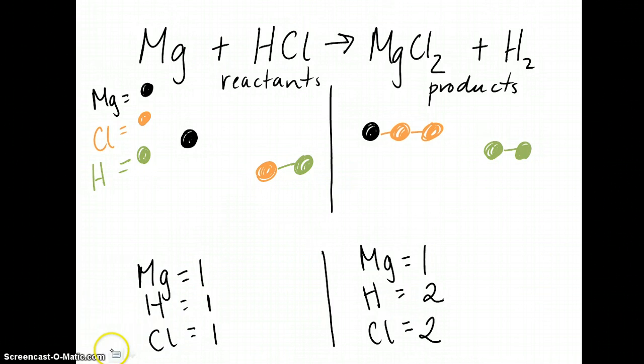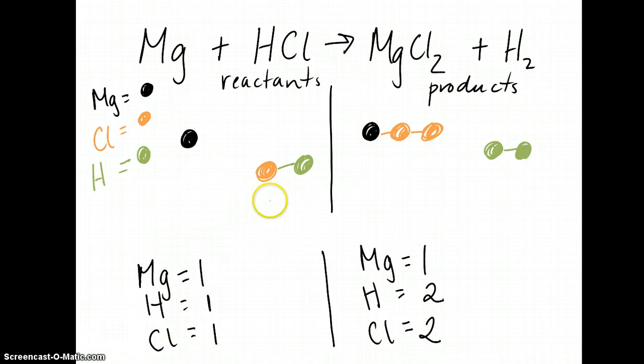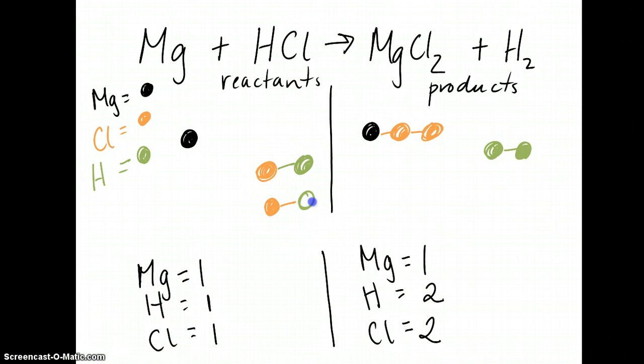Let's get that going here. I'm going to add one more hydrochloric acid. Draw a line. Get an ink color. There we go. Okay. So now in terms of my numbers, let's change the numbers. Remember, I could only add one more of the same thing, that being a hydrochloric acid.